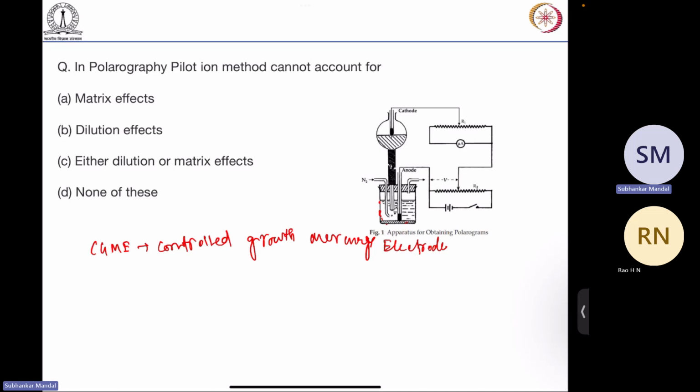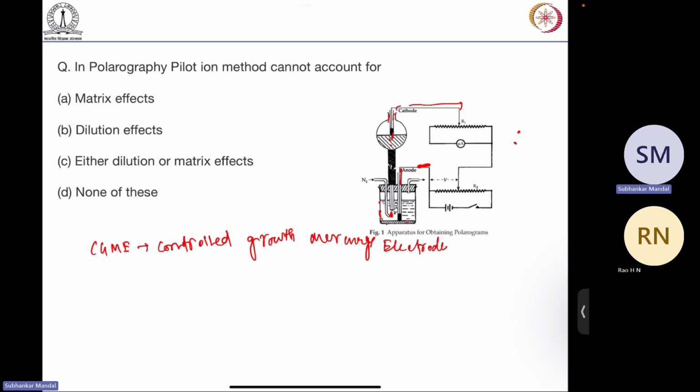Mercury can drop into the electrolyte, as mercury is a conducting substrate. It is connected with the circuit or potentiometer so that you can get the current response. Here the mercury is one connection, the cathode, and the other is the anode. When the drop falls, it makes the connection between the electrolyte and the mercury, and as the mercury is conducting, it completes the circuit.